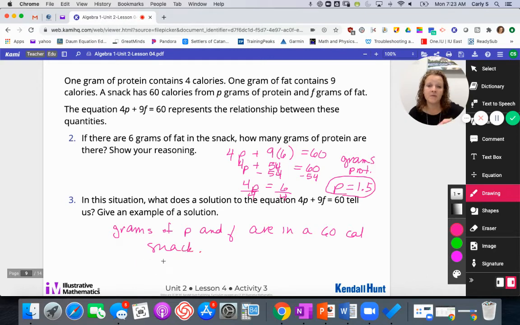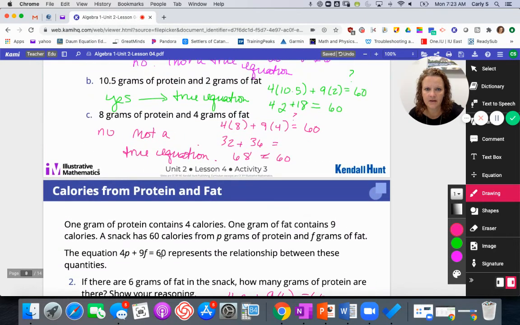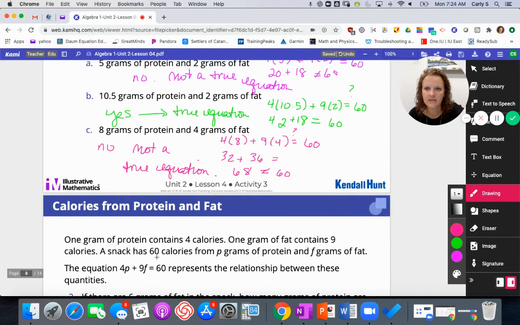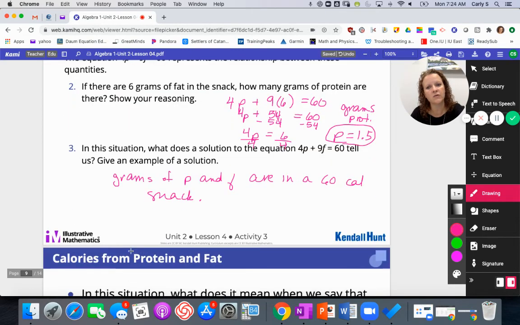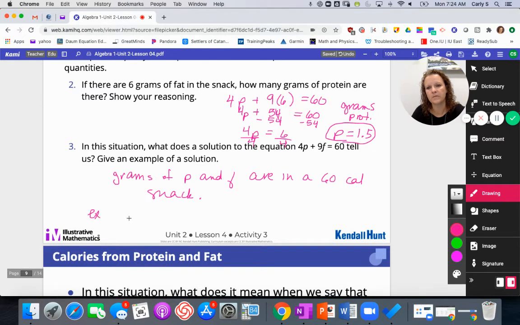And an example of a solution would be what we did right up here. 10.5 grams of protein and 2 grams of fat would be a snack. 10.5 grams of protein and I think it was 2 grams of fat. 60 calories.